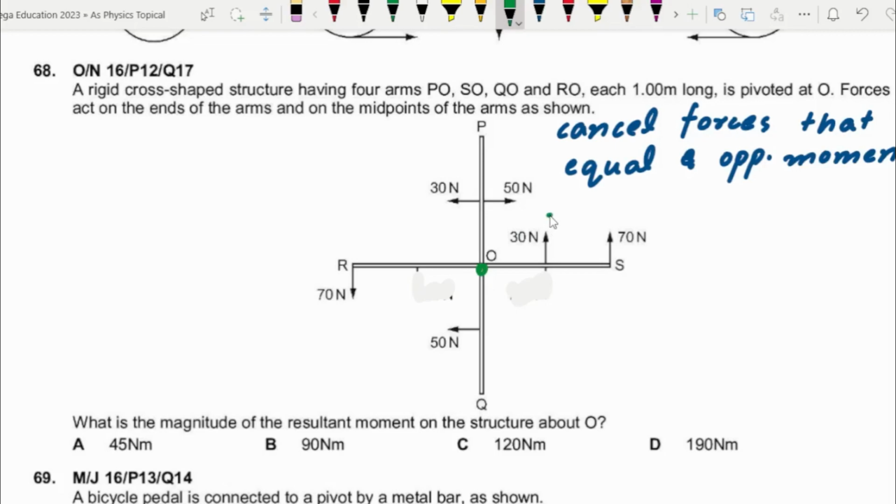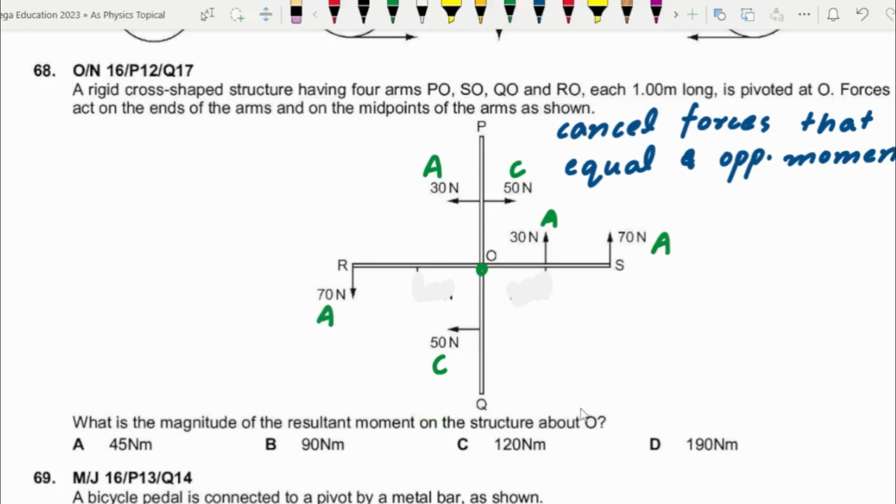And this 30 Newton would make it rotate anti-clockwise. Alright, plus the 50 Newton force would make it rotate clockwise, and this 50 would also make it rotate clockwise. Likewise, this 70 Newton would make it rotate anti-clockwise, and this one would also rotate the beam anti-clockwise.